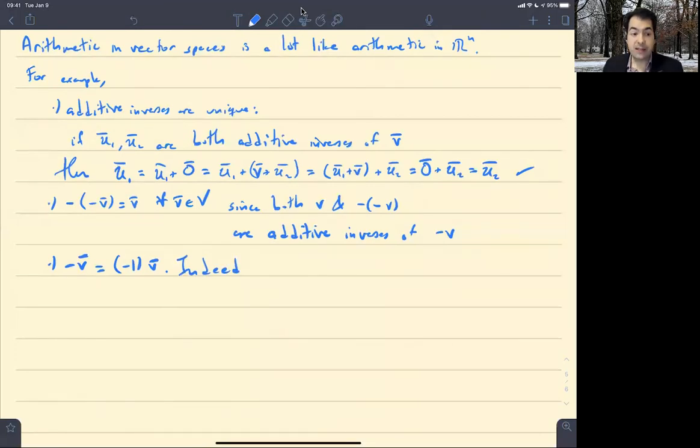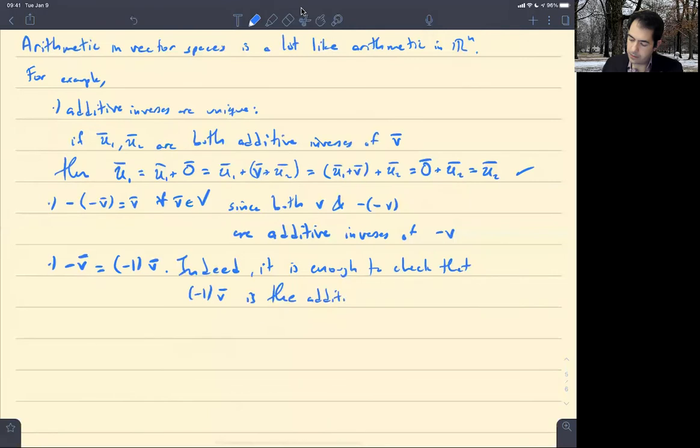Okay, so indeed, just like a moment ago, we're going to check that these two are equal by seeing that they're both additive inverses to the same thing. So it is enough to check that minus 1 times v is the additive inverse of v. Okay, so let's do it. Let's take minus 1 times v and add it to v, and we need to check that we get 0, right?